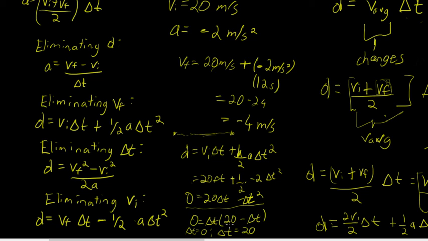You multiply 20 by 20 minus 20, you're multiplying 20 by 0 and you get 0. So at 20 seconds you're back at your starting point. So hopefully you now see how to use these formulas we derived to go about solving one-dimensional kinematics problems.